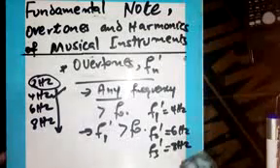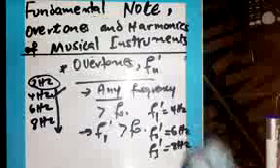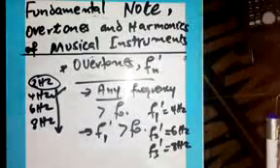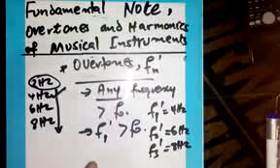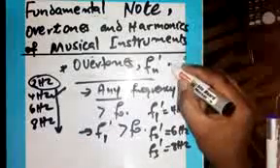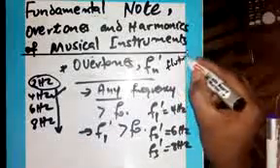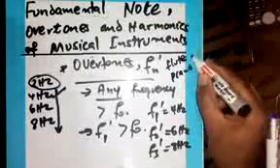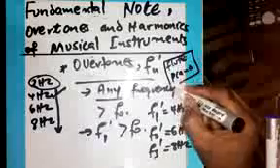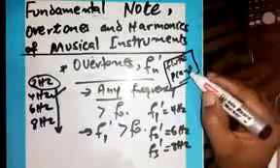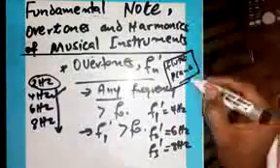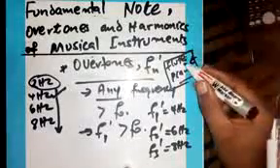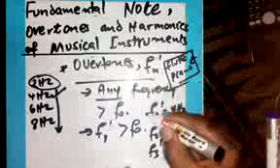The big concept to note is that the overtones for different instruments are different. A flute has different overtones from a piano. If a flute and a piano are played at the same note, they are going to give us different overtones.